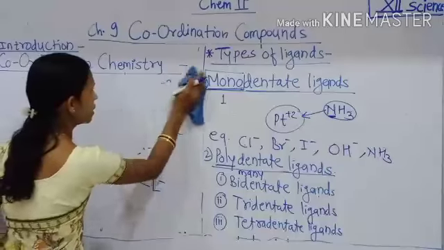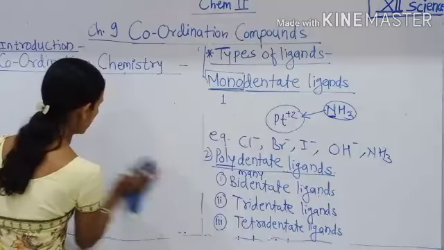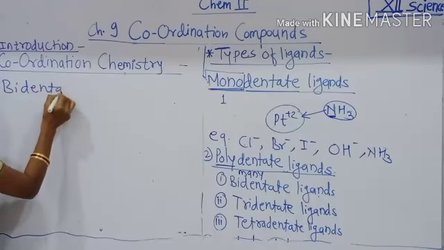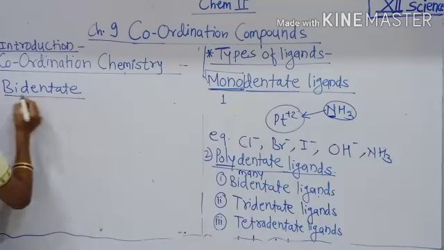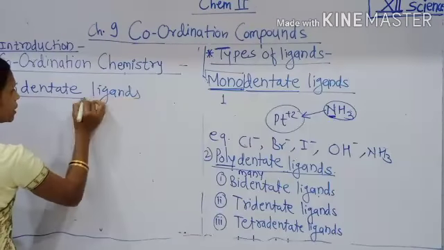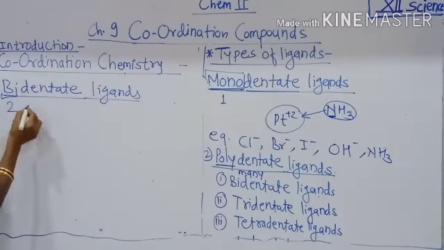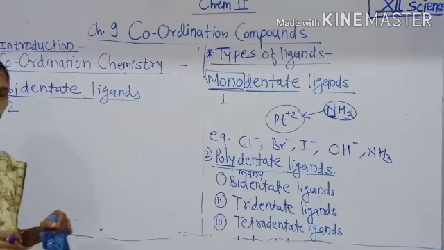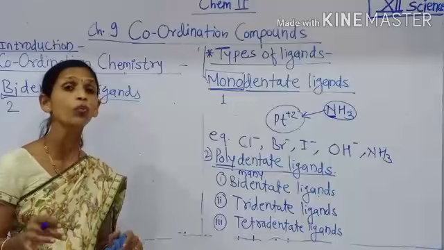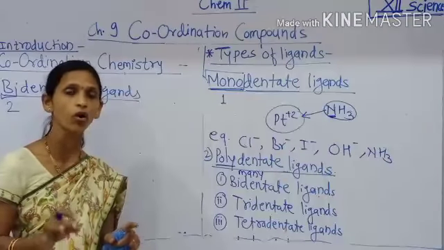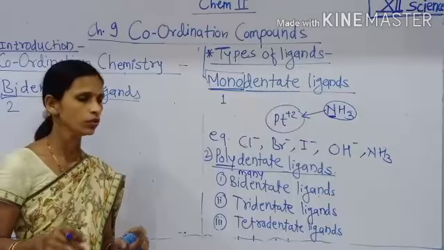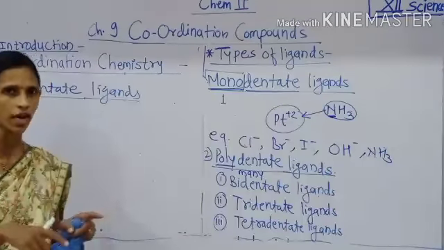First, the bidentate ligand. The name itself indicates that the ligand has 2 points of attachment. Bi means 2, and it is a ligand, molecule, ion or atom, which has 2 points of attachment or 2 donor atoms in the complex, using 2 donating sites.